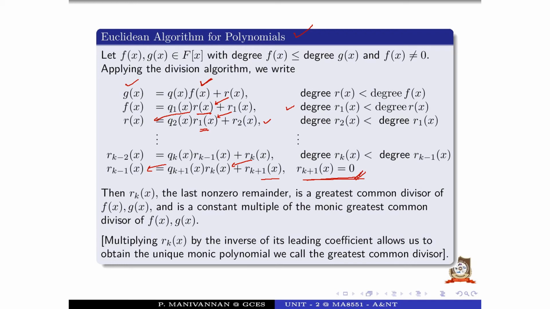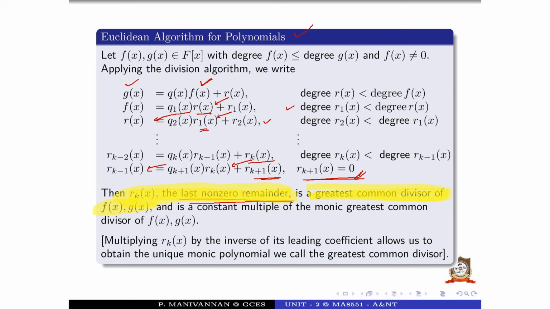Then r_{k+1}(x) is 0, but r_k(x) is the last non-zero remainder. The last non-zero remainder is called the GCD of the given two polynomials.